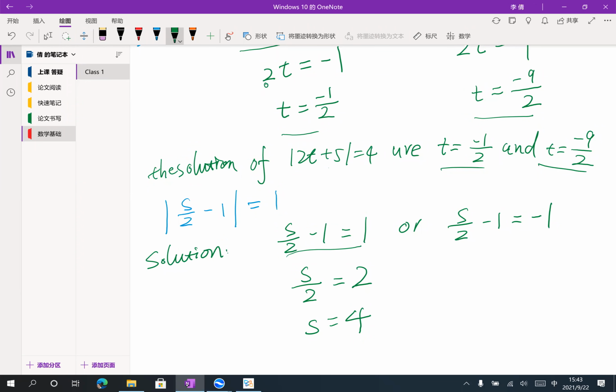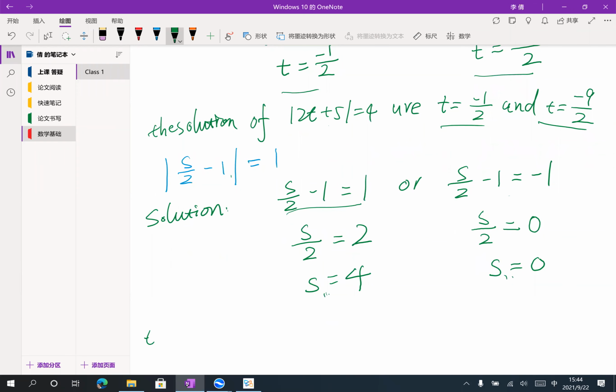For the second equation, we add 1 on both sides, and we get s over 2 is equal to 0, and then multiply by 2 and we get s is equal to 0. Okay, these are two solutions for this equation.